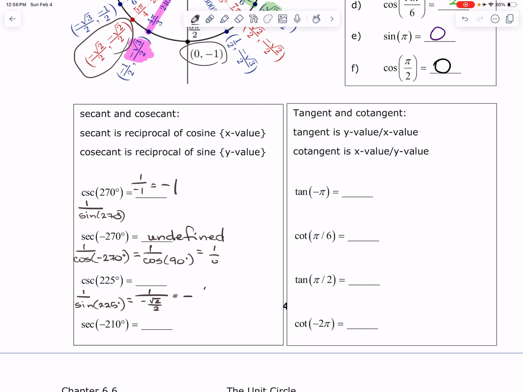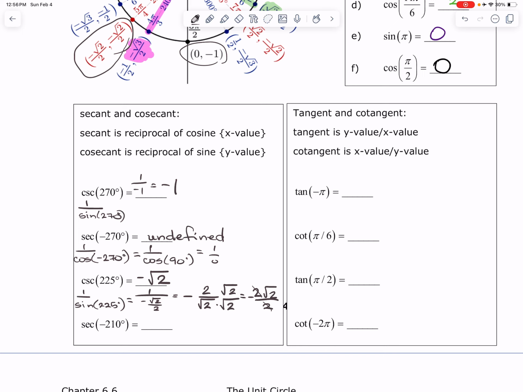That means the reciprocal, which is negative 2 over the square root of 2, we are not leaving a radical in the denominator. Negative 2 square roots of 2 over 2, our 2's cancel, I get the negative square root of 2.